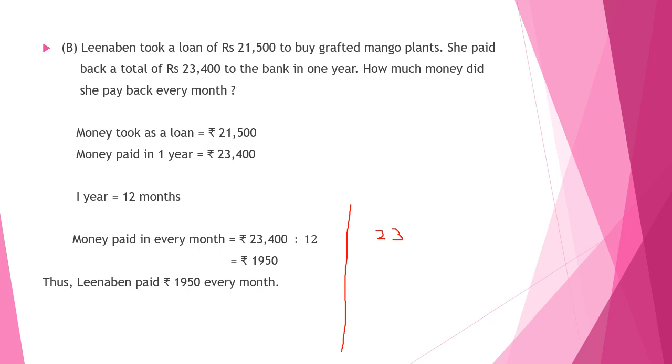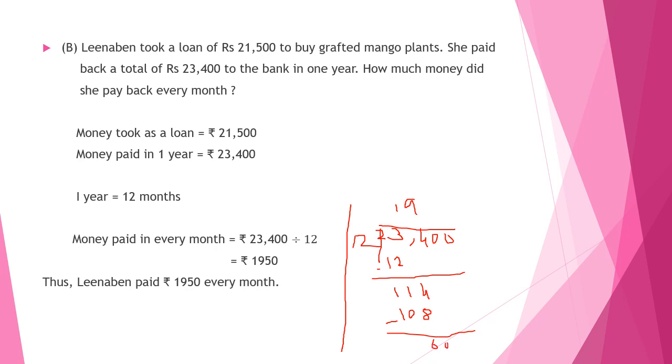23,400 divided by 12. Now 12 ones are 12. This 3 minus 2, 1. 2 minus 1, 1. Again 4 comes down. 12 nines are 108. Subtract 14 minus 8, that is 6.